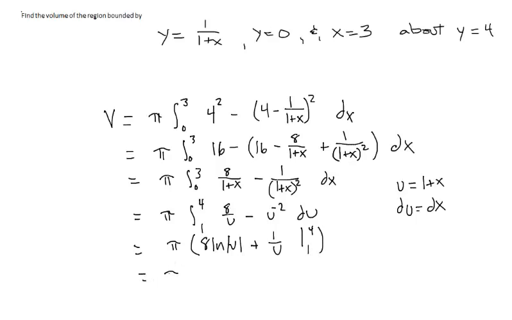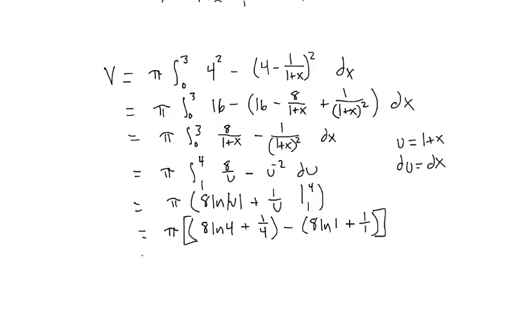And now we evaluate, so we have pi times 8 ln of 4 plus 1 over 4 minus 8 ln of 1 plus 1 over 1. And remember, the ln of 1 is 0, so we're going to end up with pi times 8 ln of 4.